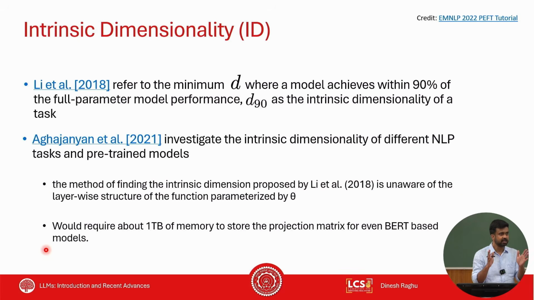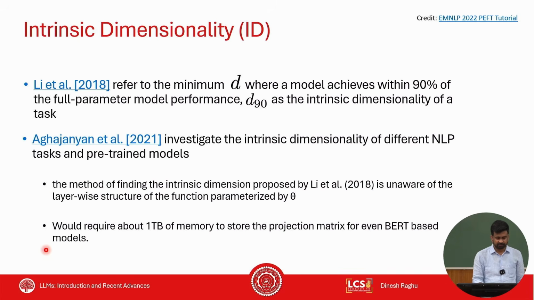The expressivity of such a repetitive network is not leveraged in computing the intrinsic dimensionality. So these guys came up with a way of measuring intrinsic dimensionality which takes this structure into account. Again, it's not the best way of doing it, but still they figured out that something is missing and we need to take it a little forward.